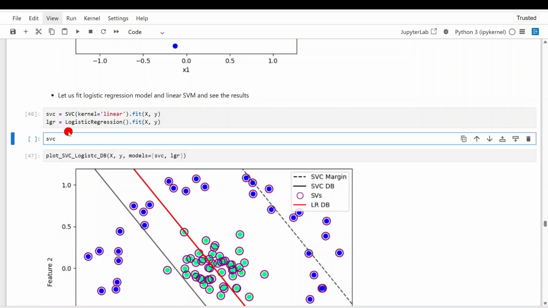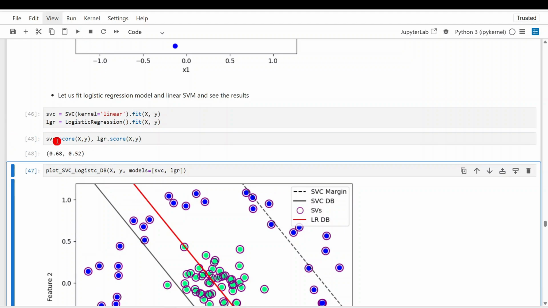Let's say SVC dot score, with X and Y. This is the training accuracy for the support vector classifier, and this is the training accuracy for the logistic regression model.